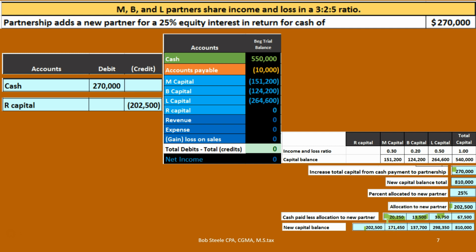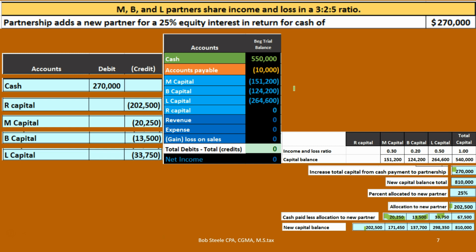We're increasing the capital account balances. In terms of a journal entry, then, to increase the credit balance, we will credit, which of course is also the plug that we need in order to make this reconcile. So there's the 20,250, the 13,500, the 33,750 to M, B, and L respectively, which will increase their capital accounts.